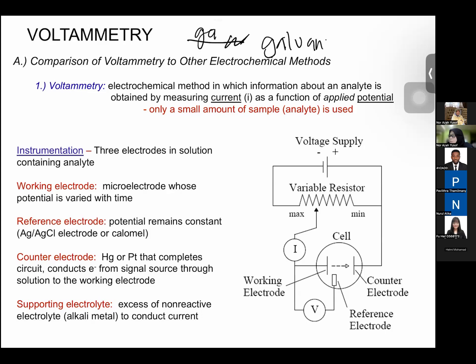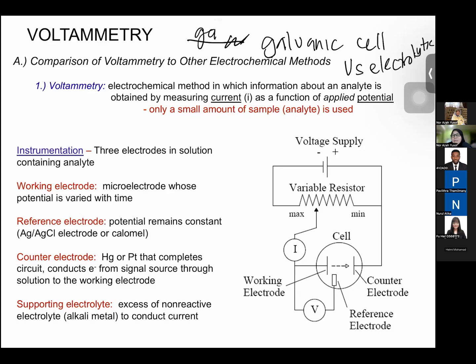Galvanic cell versus electrolytic cell. This is something you have probably learned before, during your bachelor's or I don't know.